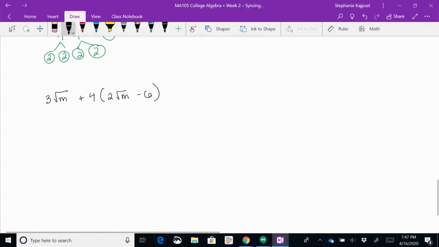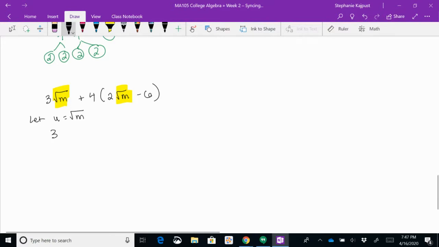So, when you have a problem like this, it's just like a simplifying expression kind of thing. You can treat these square roots of m sort of like variables. If those are confusing to you, what you could do is, usually use the letter u if we're going to do any substitution.